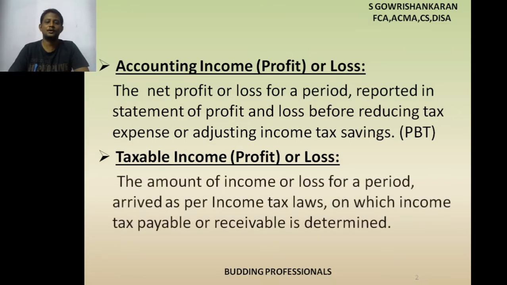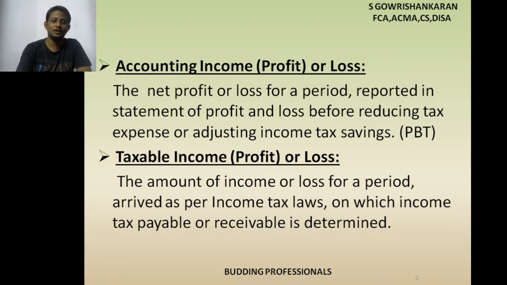So taxable income is basically the amount of income or loss for a period arrived at as per income tax laws, on which tax payable or receivable is determined. So taxable income is calculated as per the Income Tax Act. On that taxable income only I will calculate my tax amount.